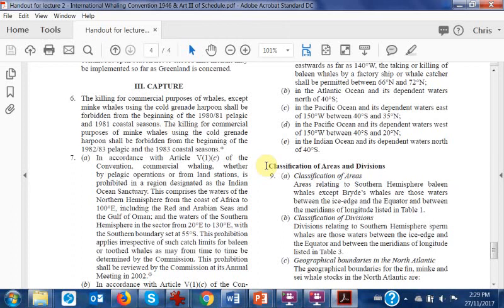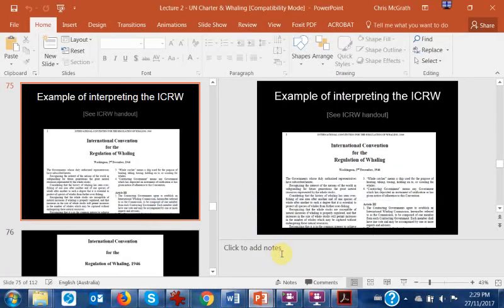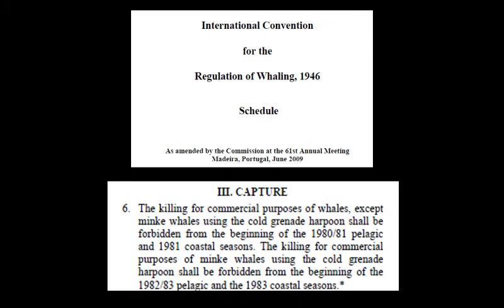The killing for commercial purposes of minke whales, etc. So that is the ban on commercial whaling, and minke got brought in afterwards. So that's the ban, it's in the schedule, agreed by the parties. So that's an example of a treaty, and the schedule is key to the ban on commercial whaling.